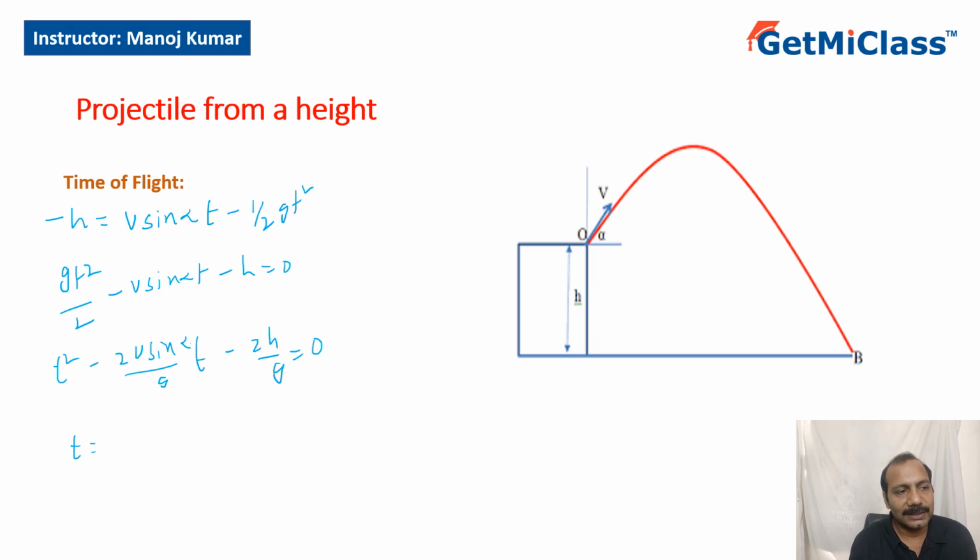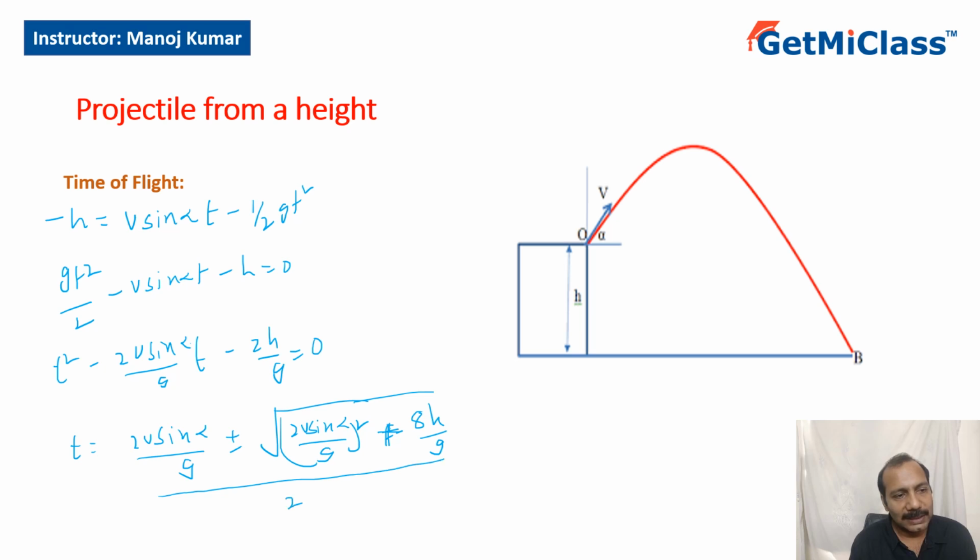We'll use that expression. So that gives 2V sin alpha by g plus or minus root over 2V sin alpha by g whole square, and because there is a negative sign here, this will become plus 4, where a is 1 and c is 2h by g, so 8h by g, all divided by 2.